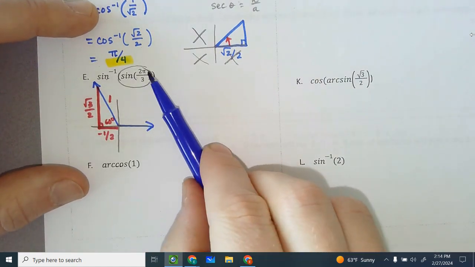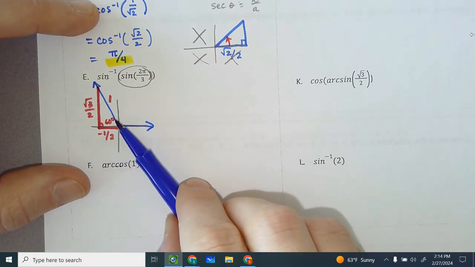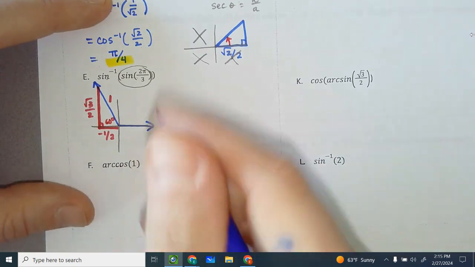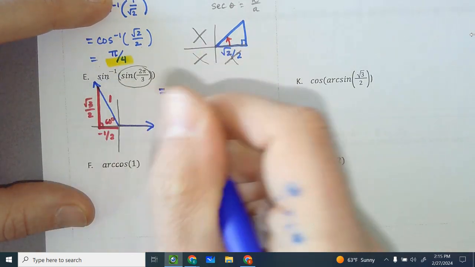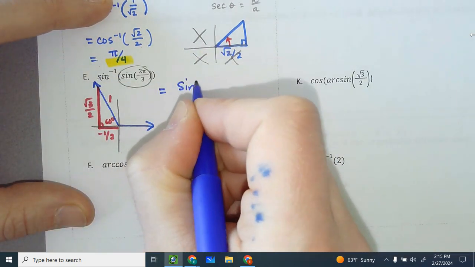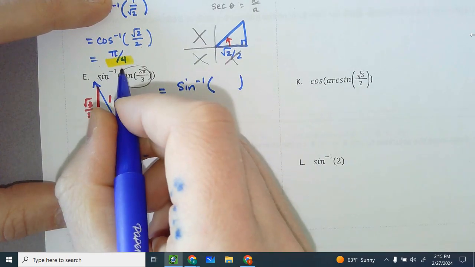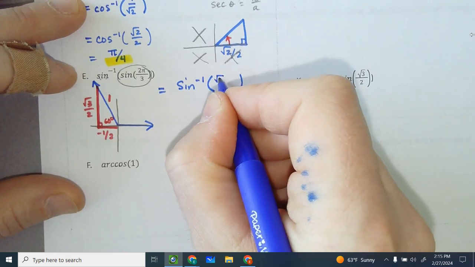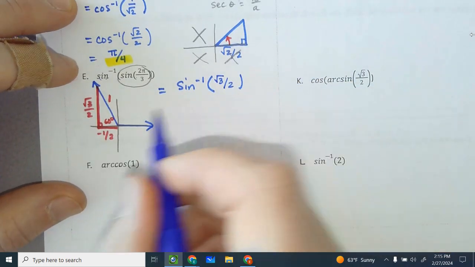So the sine of 2 pi over 3 is equal to the opposite over the hypotenuse. So I have not done the inverse sine yet. I'm going to leave that here. But I've evaluated that the inside operation is equivalent to the square root of 3 over 2, because I got that from looking at this triangle.